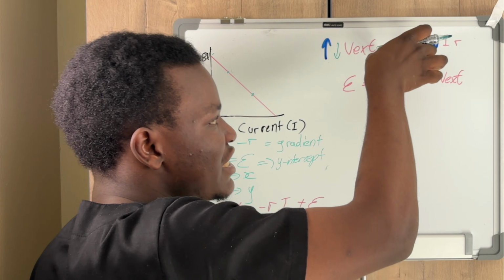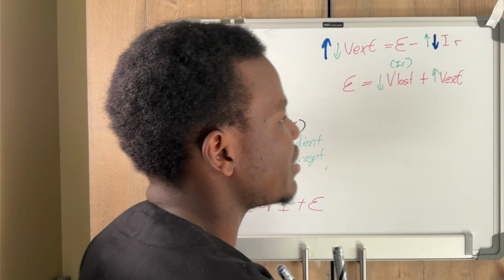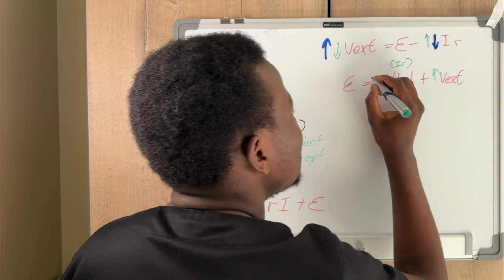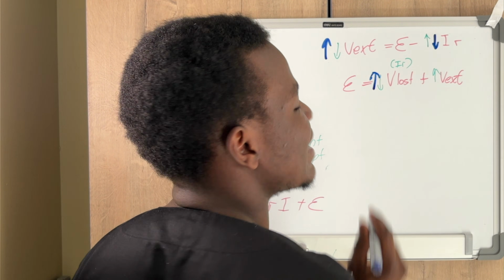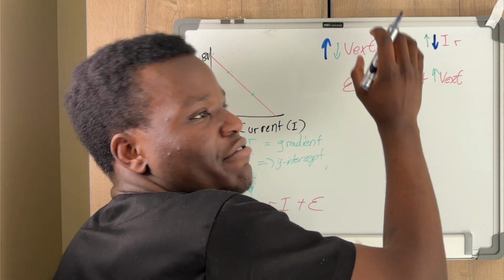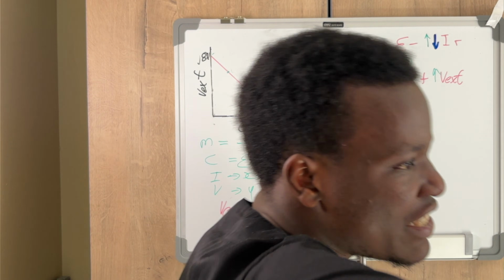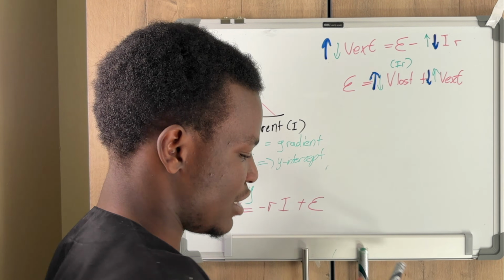So if less energy is taken before it goes outside, it means that there will be more energy for the external circuit. If more energy is taken, if we check that here, more energy is taken in what? In the battery, in internal resistance. This is the V lost or V internal. Therefore, there will be less energy going outside. So that's how you understand this graph. That's why they are inversely proportional.